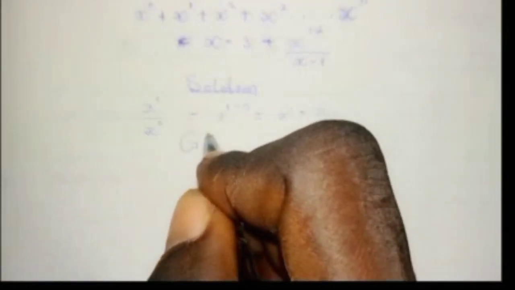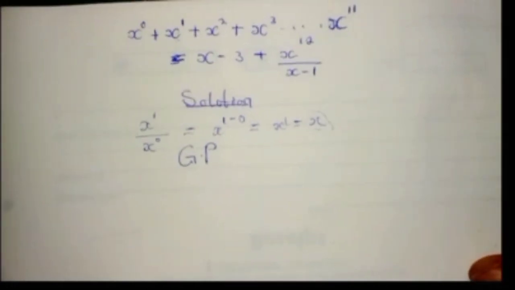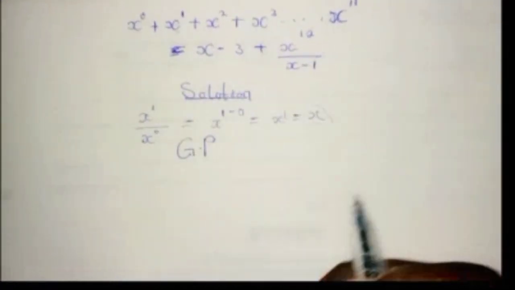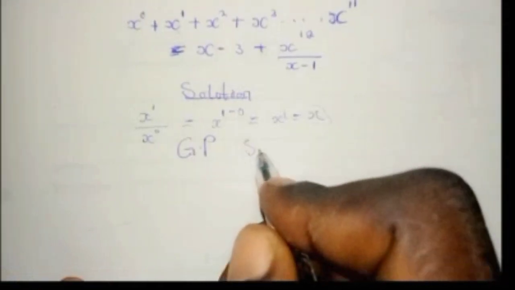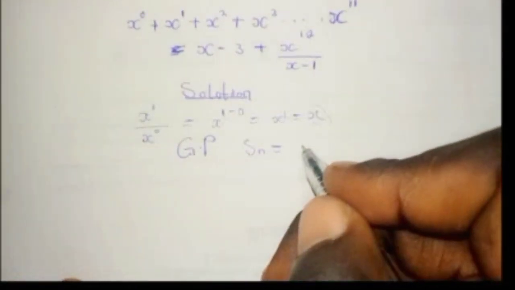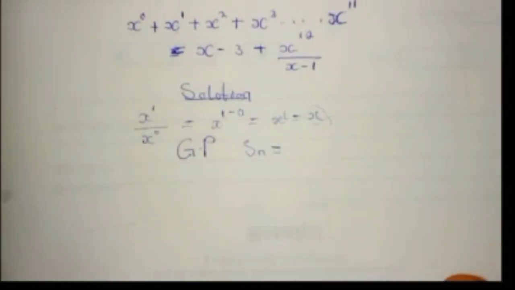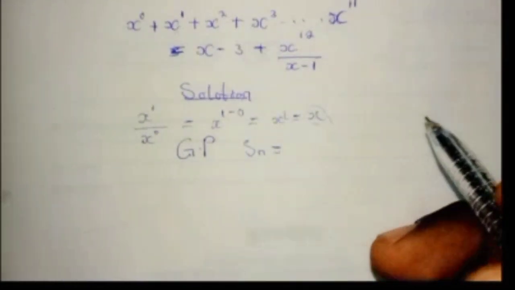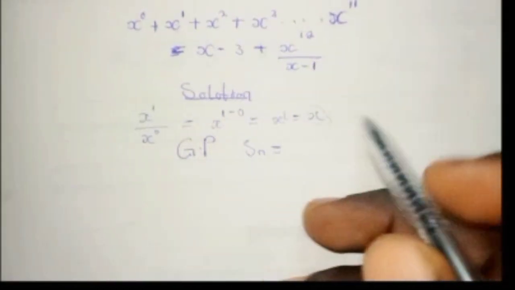It's a GP. So now, to solve this, we will need to find the sum of the GP. And for the sum of a GP, we have two formulas: when r is greater than 1 and when r is less than 1. So in this case, since this is positive, it means that our common ratio is greater than 1.